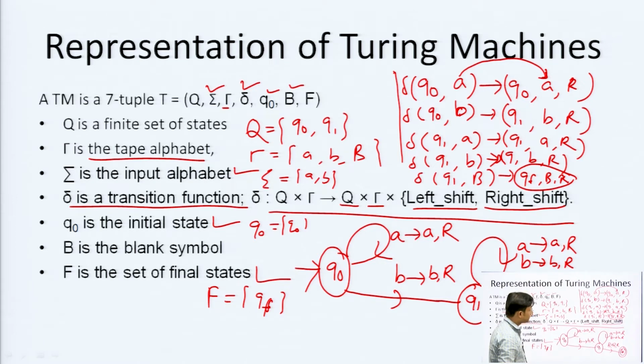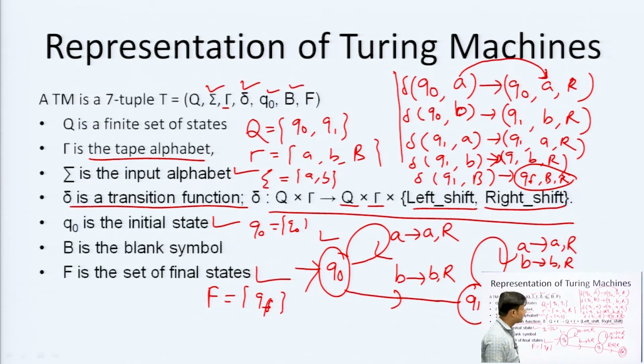These transitions are given. Whatever diagram is here, the same thing I have written as the transition function, but here I only read all the input and move right. I did not replace or write anything on the input tape.